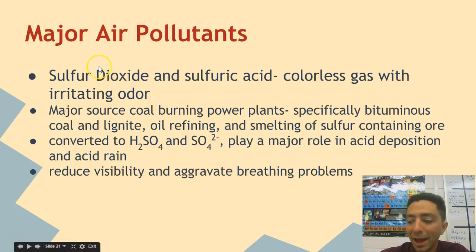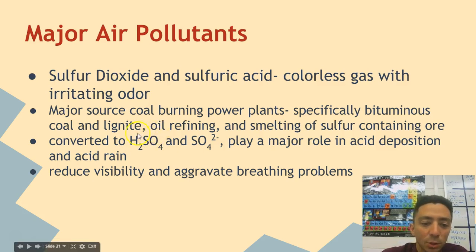And when that is in the air, that sulfur dioxide can react with particles in the air, water vapor in the air, to form sulfuric acid, which is H2SO4. That H2SO4 is a major role in acid deposition, right? This is sulfuric acid, and so these would be little droplets of acid suspended in the air.